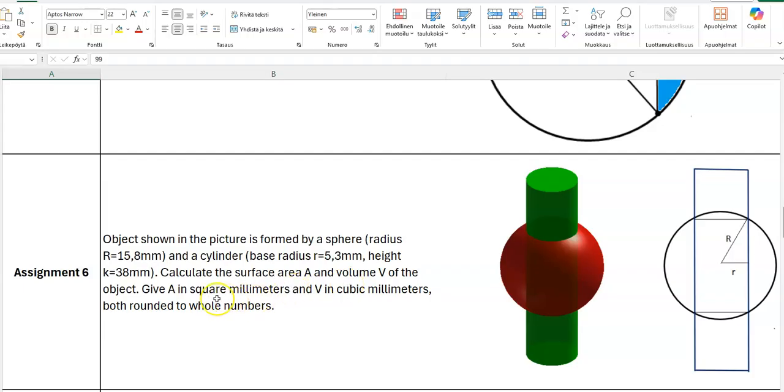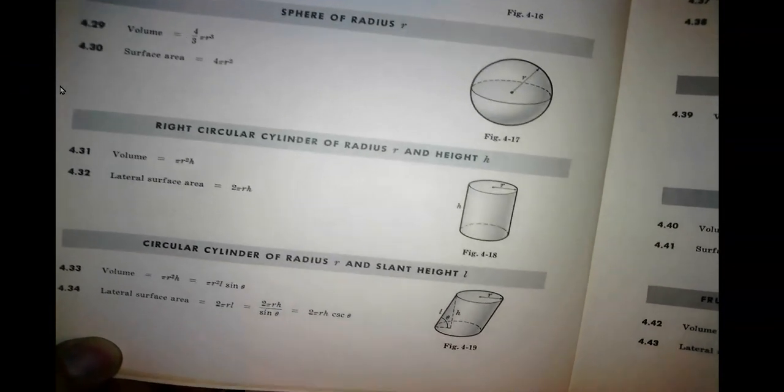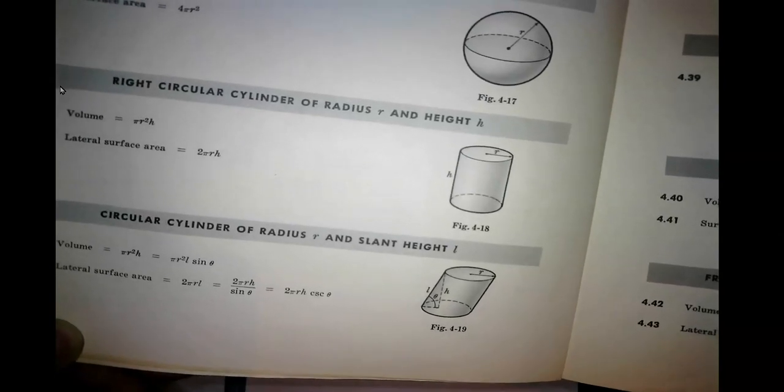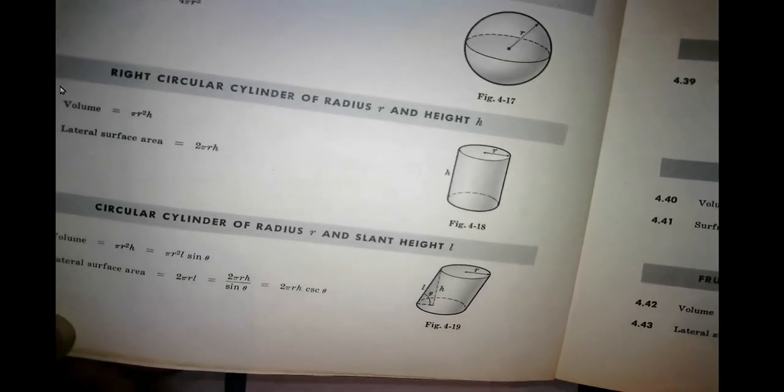But in this problem, you have to calculate the surface area and volume of this object, and this object contains a sphere, and also this kind of solids, which is actually the next formula we have in this book. So I will show you this: right circular cylinder of radius r and height h.